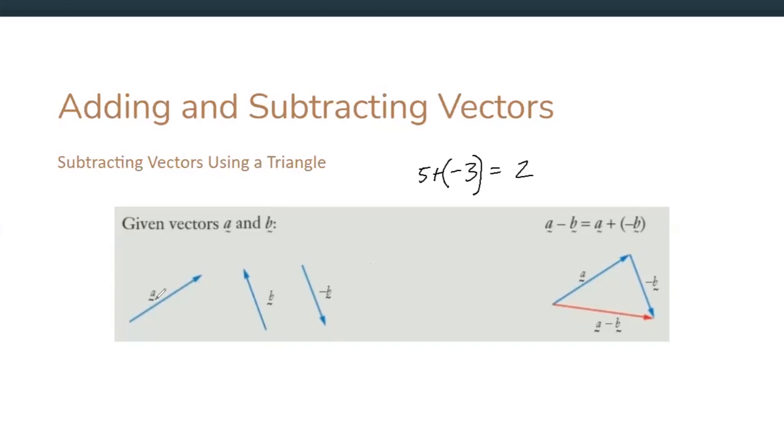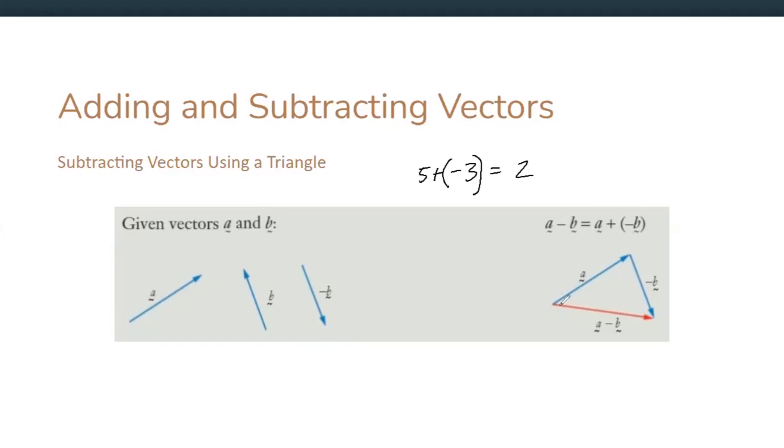So here we have a and we have b, so b is pointing this way. If we wanted to subtract b, we would find a negative b, so it's the same vector, different direction, or rather opposite direction, not just any different direction. And then we just add the two. So we take our a vector and we add now our negative version, not our positive version, which would be going up here. And then from there, we just do the same rules, tail to tip.